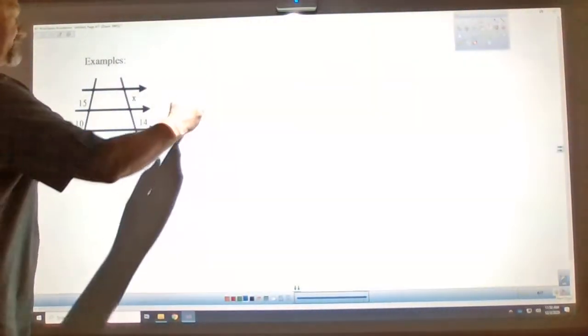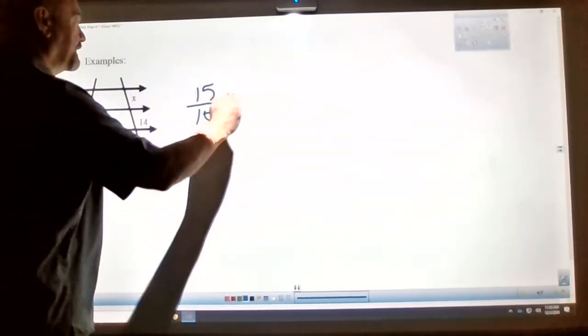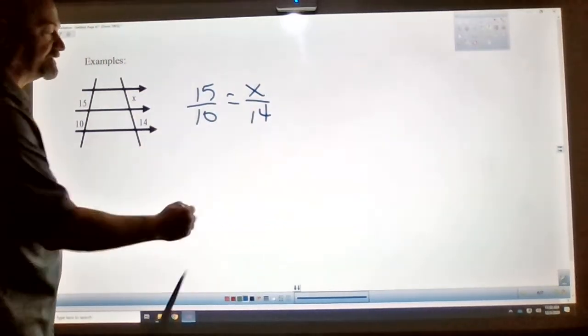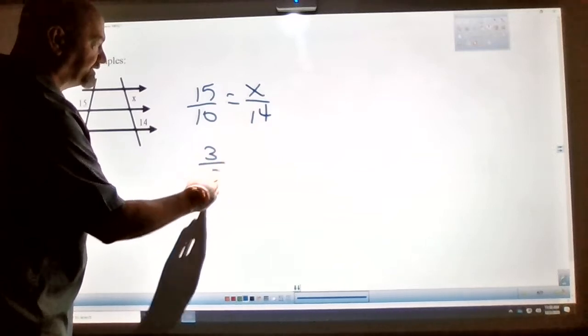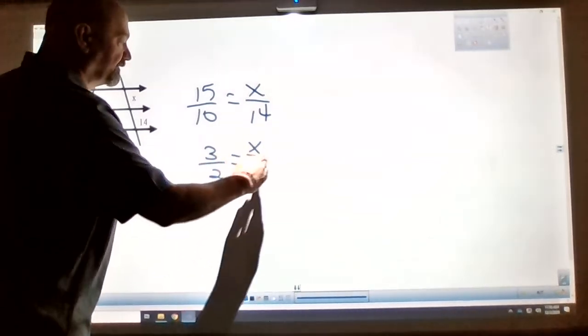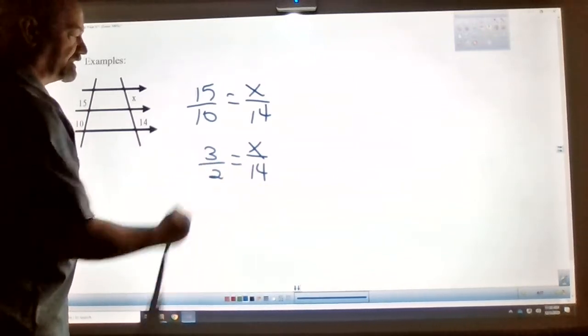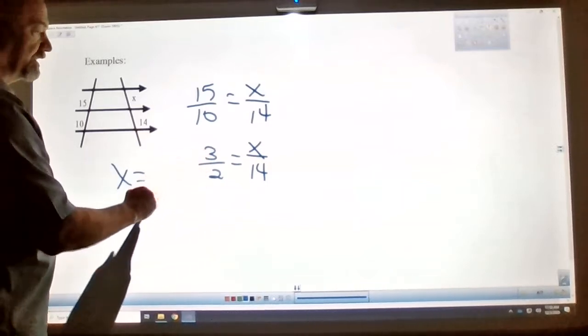Put that to work, we'd say that 15 is to 10 as x is to 14. Reduce this, make these numbers nicer again. 5 goes into this 3 times and this 2 times. 3 over 2 equals x over 14. 2 goes into 14 7 times. 7 times 3, x is equal to 21.